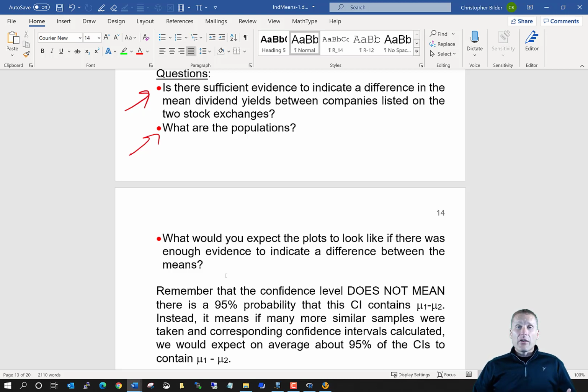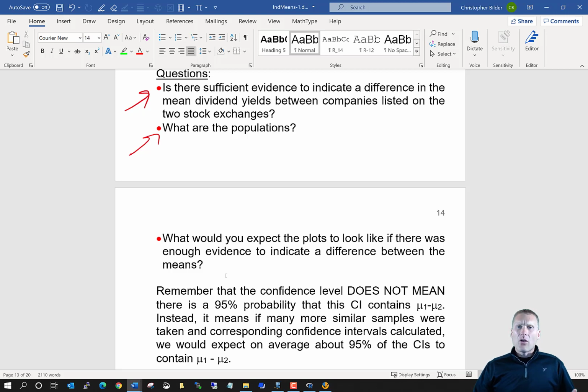Ideally, though, we would like to be able to extend these populations to mean, let's say, all stocks traded on these exchanges now and into the future. And generally speaking, if economic conditions don't change, if the structure of our economy doesn't change, that's usually a safe thing to do.